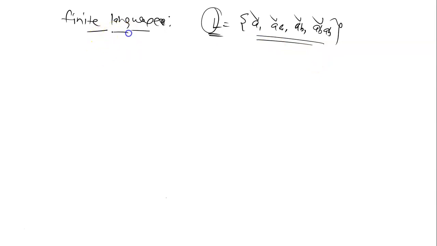But in the exam they can give you some other definition of finite language, because we can define finite language in some other way. For example, they can give you this definition. They can say that we have a language L such that there exists a natural number n such that there is a bijection between L and this set.